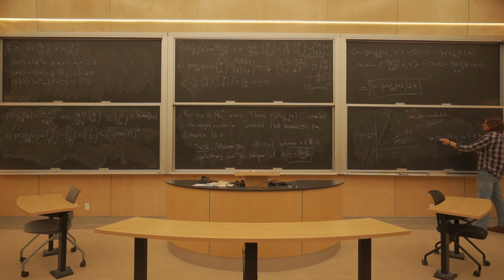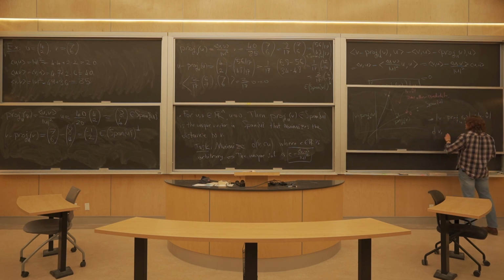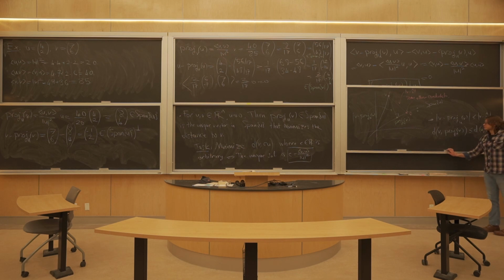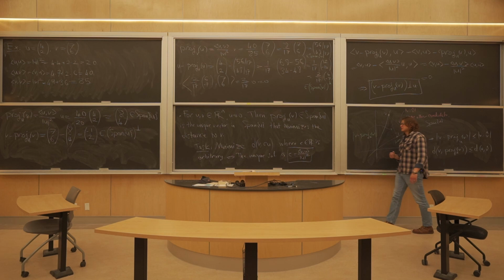Recall that this is nothing but the distance between v and this vector, and this is nothing but the distance between v and this v hat. Okay. So this vector minimizes the distance to v among all vectors that are proportional to u.